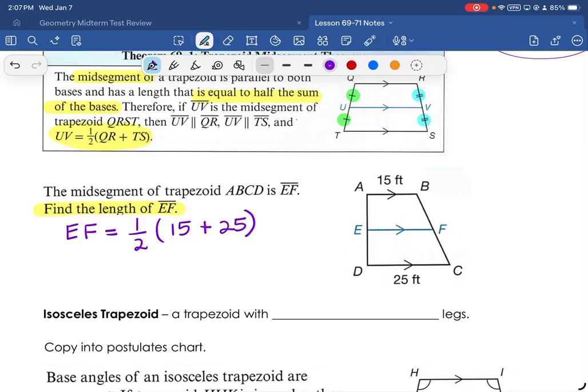Plug that into my calculator or do some mental math. And what do you get? 20. Good job. 20 feet. That is the answer. Easy, right? As long as you remember the formula. Add the bases, divide by 2.